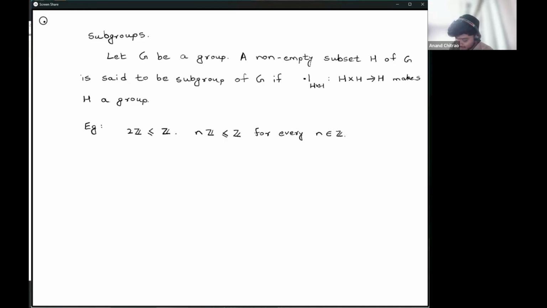Next example. If you start with Z mod nZ, which is Zn, what are some subgroups of Zn? n is an integer.